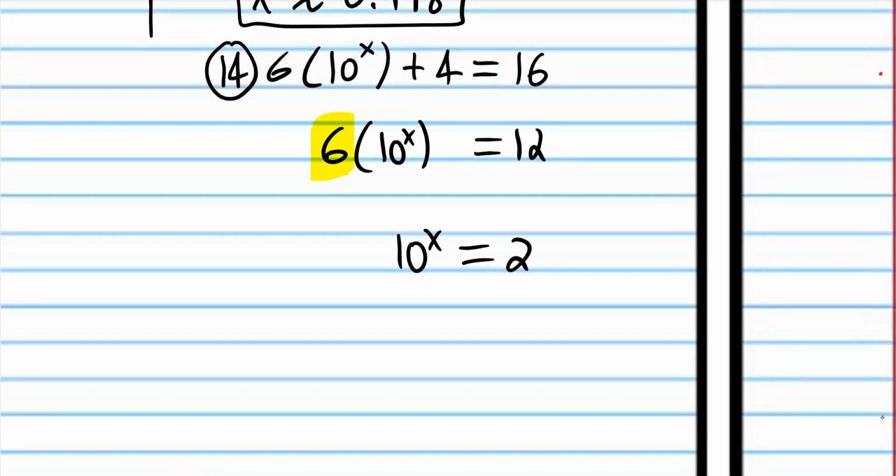Now again, students are going to have a lot of trouble with the idea that this yellow 6 is multiplied by the green 10 to the x. That's just how the math notation works. Those two are multiplied together, so that's why I had to divide both sides by 6. And maybe I should go ahead and show that.